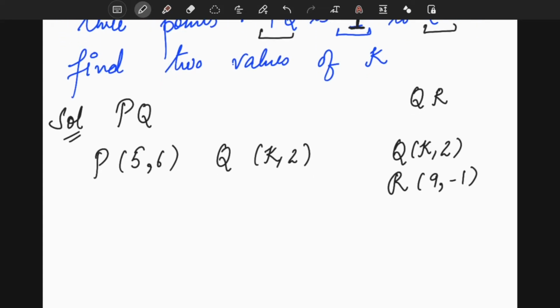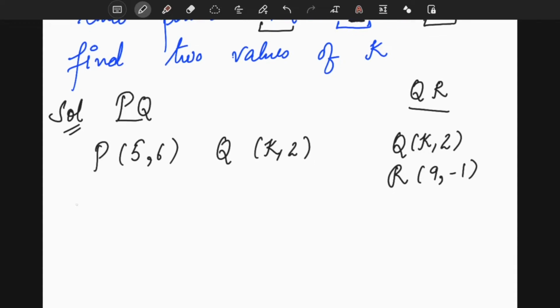Now we have 2 points PQ and QR. We can find one slope from PQ and another slope from QR. Means we can find M1 from point PQ. What is the formula for slope? It's y2 minus y1 over x2 minus x1.